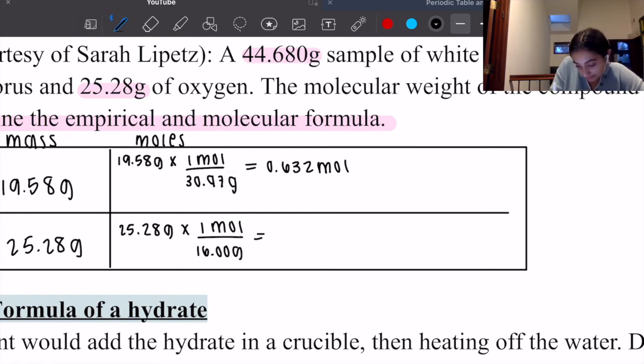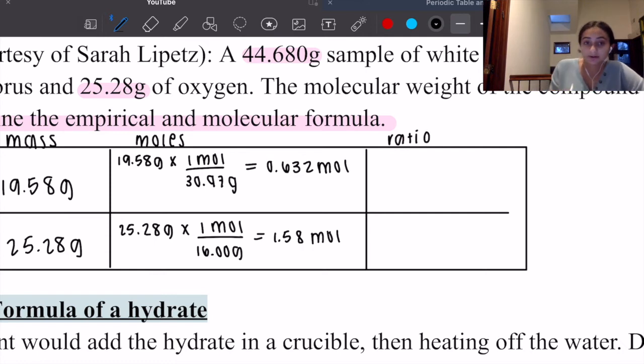And then if we do 25.28 grams and we want to convert it to moles of oxygen, we're going to divide by 16, not 32, because the oxygen is not alone in this case. So now we have 1.58 moles oxygen. And now we are going to do a ratio. So you are going to divide each amount of moles by the smallest number of moles, and our smallest number of moles is 0.632.